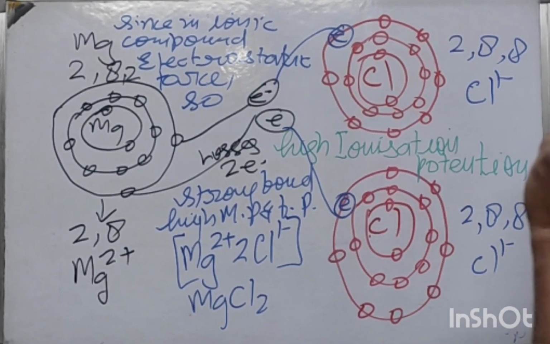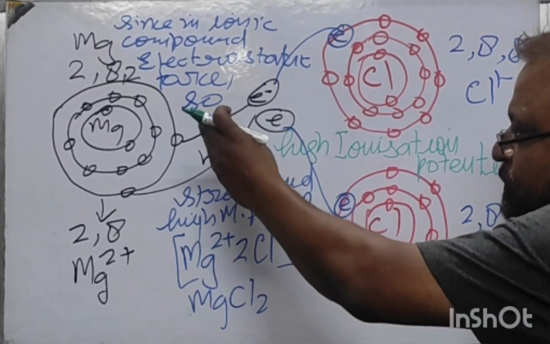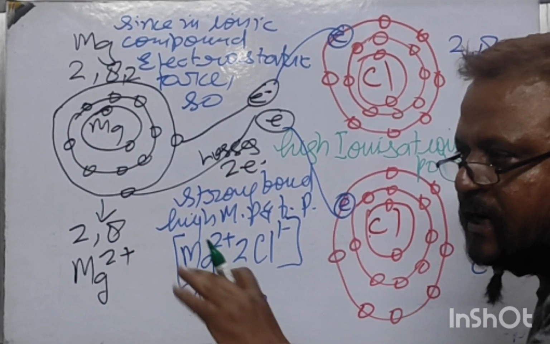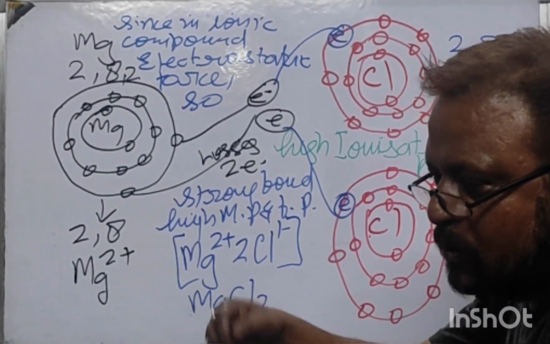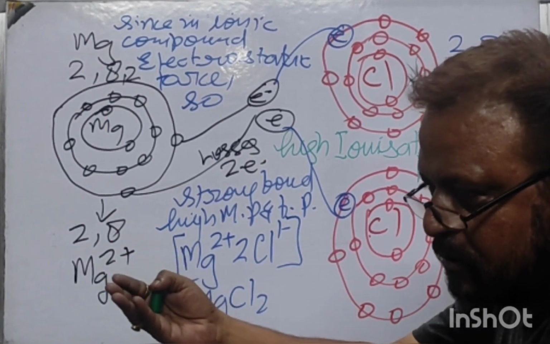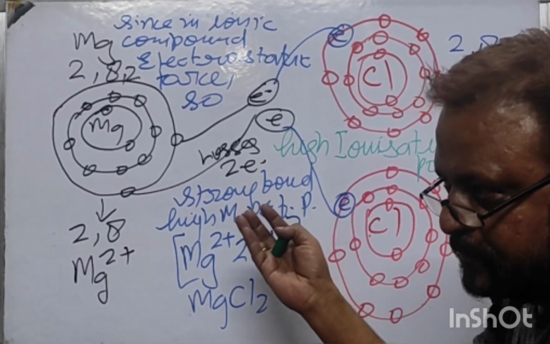Generally, when you dissolve this magnesium chloride in water, it gets dissolved. And when it gets dissolved, the magnesium ion is separated from the chloride ion.